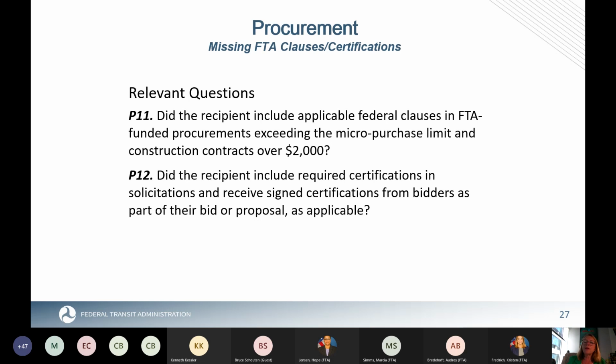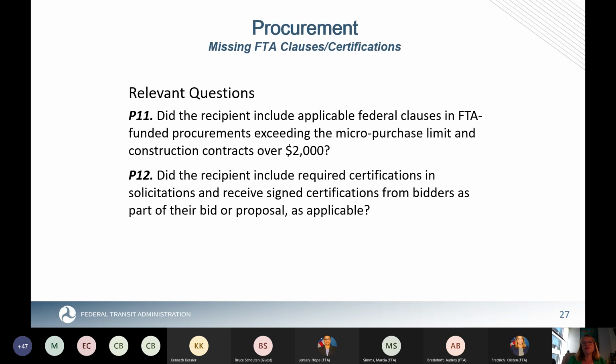So again, be very aware of thresholds, especially for clauses and certifications, because they really apply based on the type of contract and the size of contract. And well, why construction is really spelled out here is because of requirements such as Davis-Bacon that go down still to the $2,000 threshold. So it's very important that you stay up to date in that.